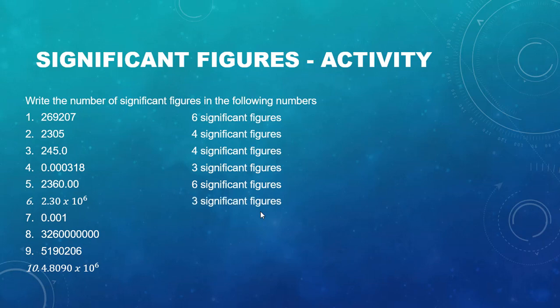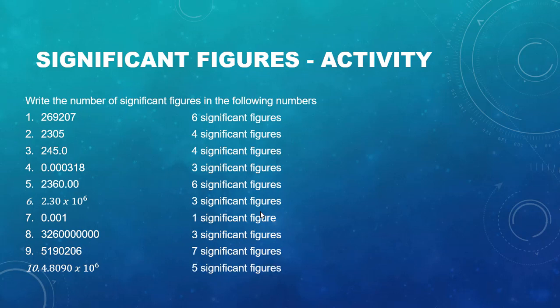Number 7 has 1 significant figure. Number 8 has 3 significant figures. Number 9 has 7 significant figures. And number 10 has 5 significant figures. So applying the rules we just talked about earlier, you should be able to answer these confidently and accurately.